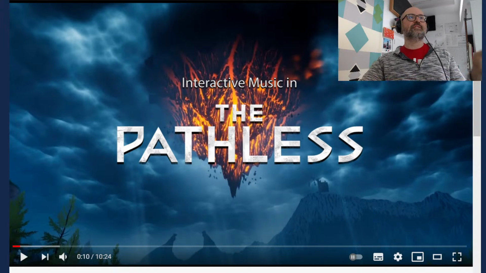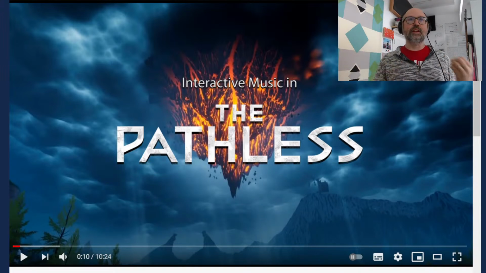And Austin does a great job of breaking down how the score is dynamically and reactively working in the Pathless. Again, this is a collaboration between Austin as the composer and Stephen Green, helping to tie that together under the hood with Wise and really bring deep emotion and interactivity to that experience.